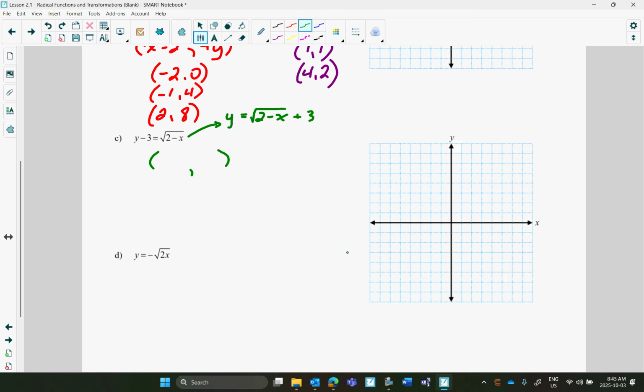Now we've got to put the x first. So we've got to change the order inside the radical sign to negative x plus 2. And then we have a plus 3 after the radical. That's it.